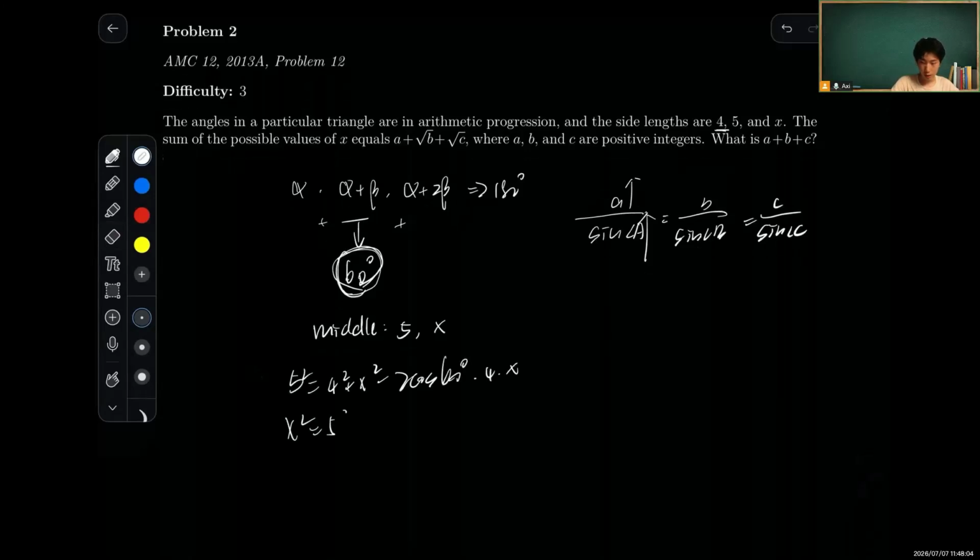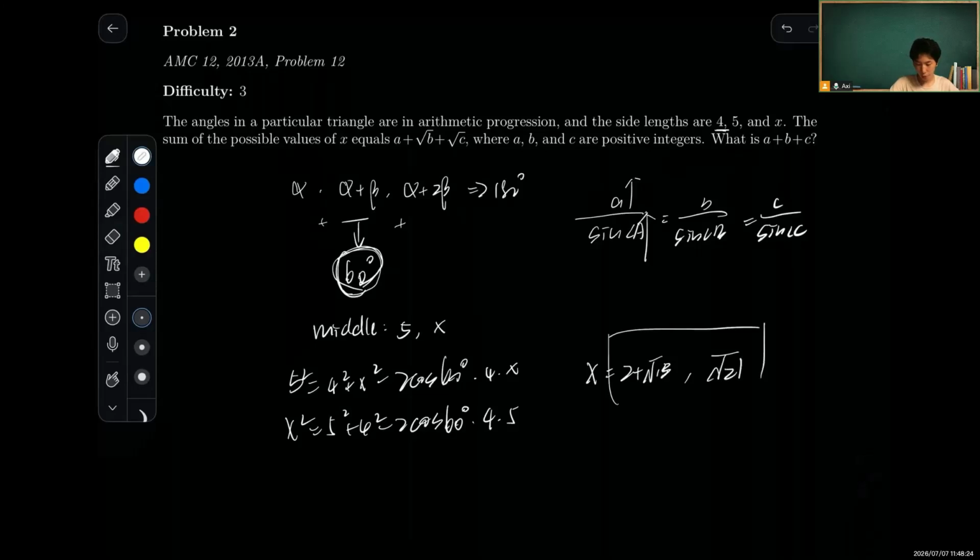And solving these gives x equal to 2 plus square root of 13, or square root of 21. So the sum is simply adding up both, because both solutions satisfy that this length is exactly the middle length. In this case, this one is larger. In this case, this one is less than 5.